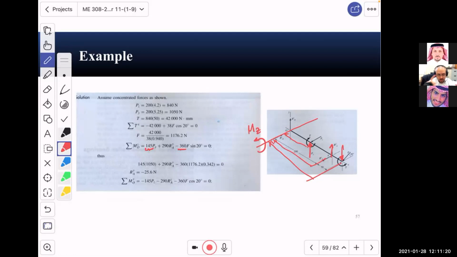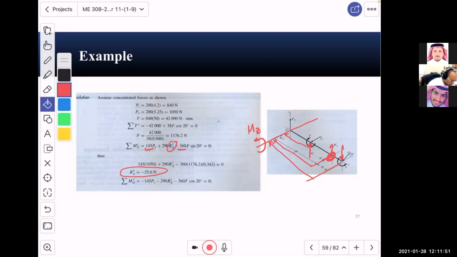The radial component is cosine, the tangential component, which causes the torque, is sine. Clearly, we have only one unknown, which is the reaction along the y direction in the bearing A over here. So we find that reaction and we get it minus 25.6 Newton.